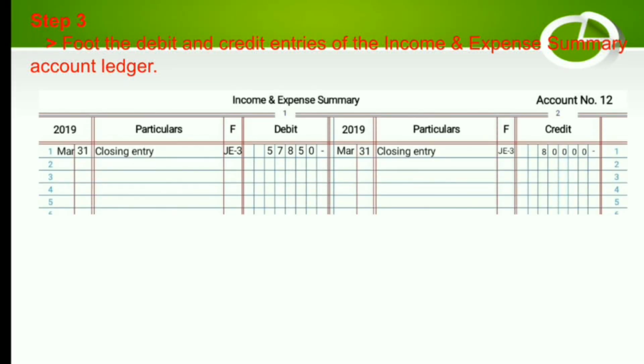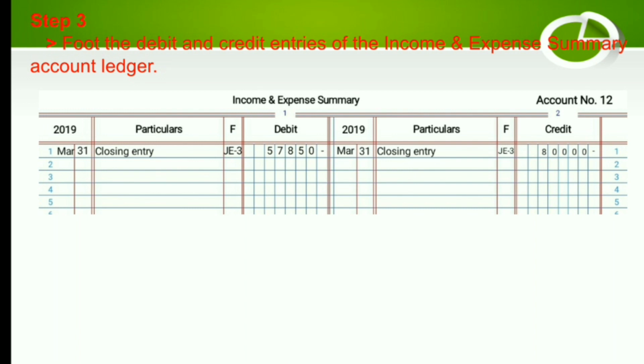The 57,850 pesos placed in the debit side is the total expenses that we previously closed to income and expense summary account when we were discussing step number 2. And then the 80,000 pesos placed in the credit side is the income that we previously closed to income and expense summary when we were discussing step number 1.